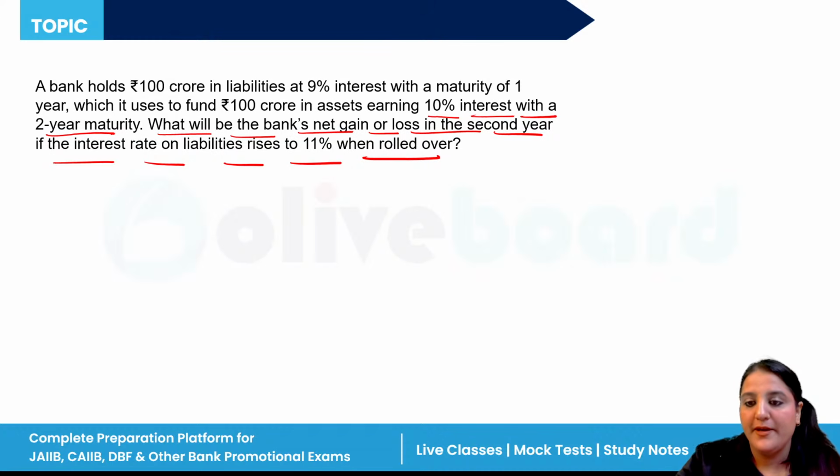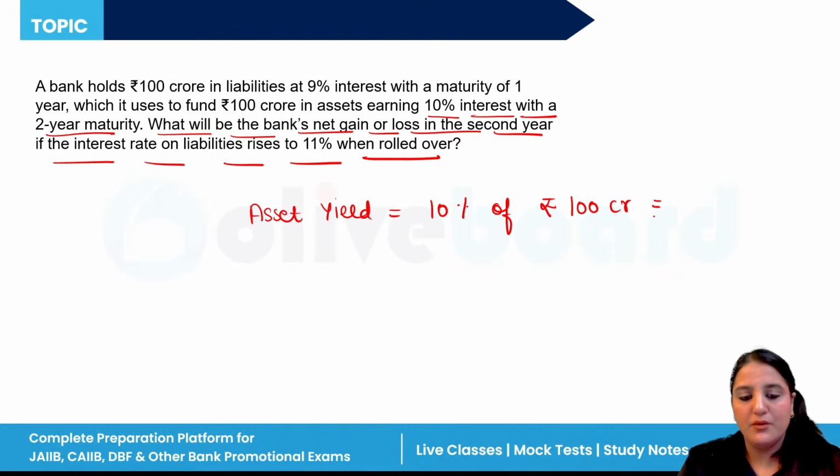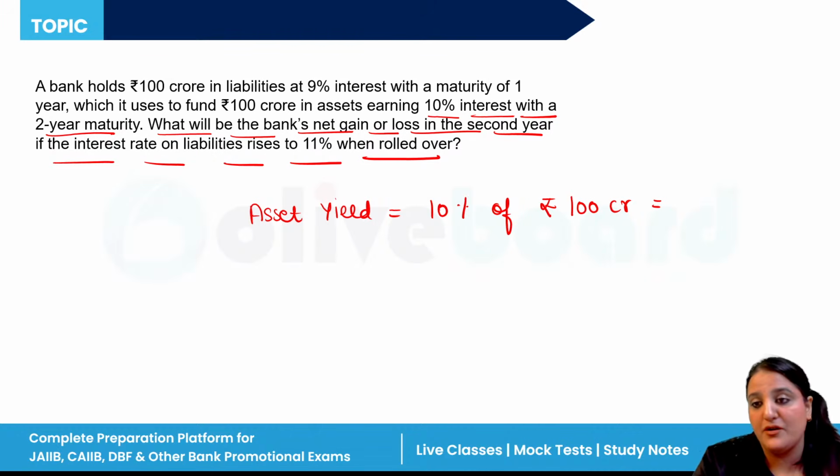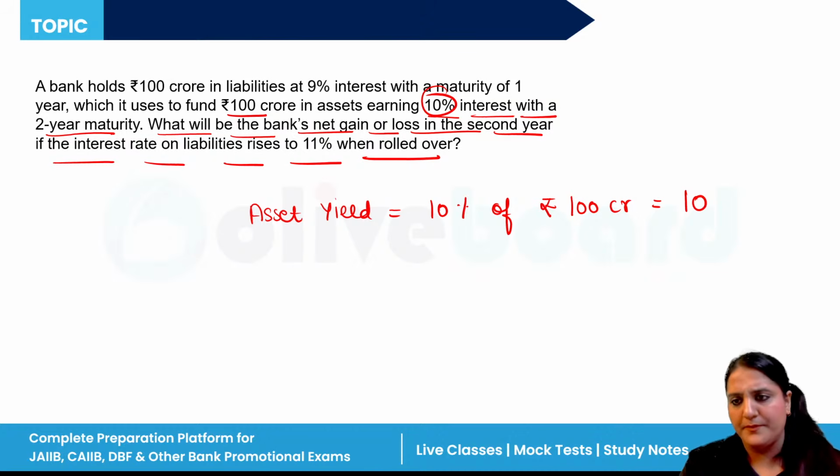Here the asset yield is 10% of rupees 100 crore, which is equal to 10 crore, right? 10% of this 100 crore is 10 crore, right?